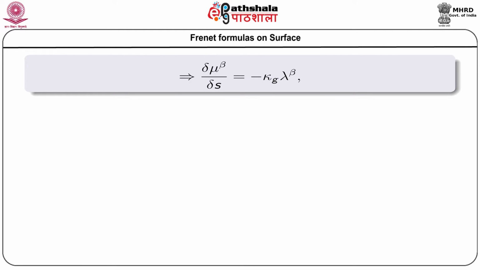So, from the above expression, we get del mu beta del s equals minus kappa g lambda beta.